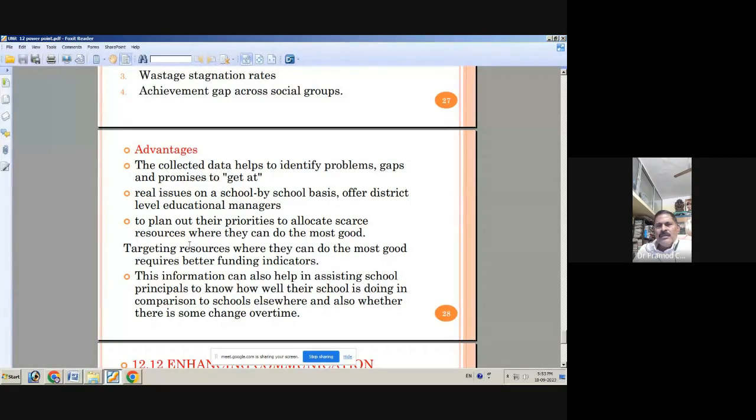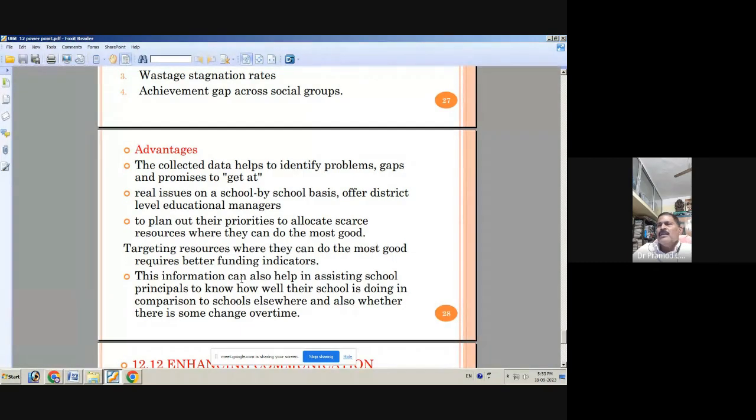Yeah, here so many advantages are there. The collected data helps to identify the problems and we will solve them. The real issues on a school-by-school basis we will have to follow, and we can also transmit the information to the educational managers, means higher authorities, to plan their priorities and allocate scarce resources.